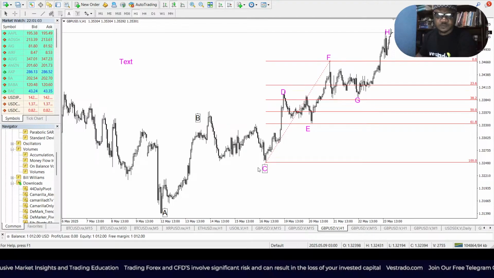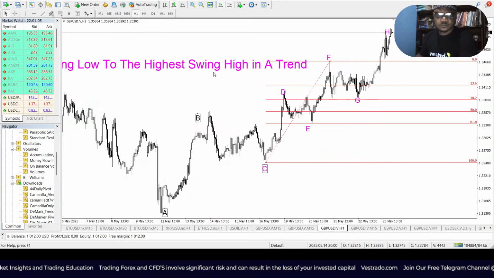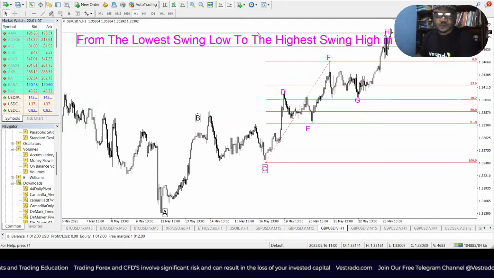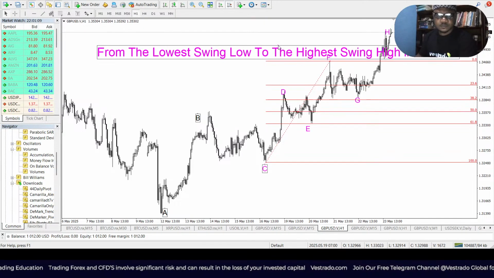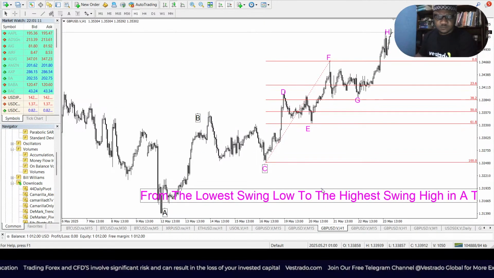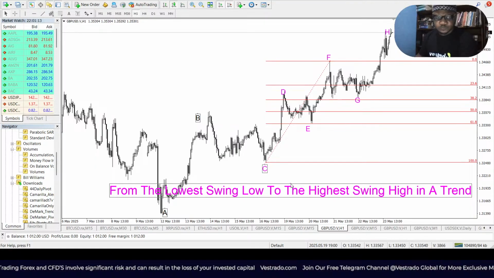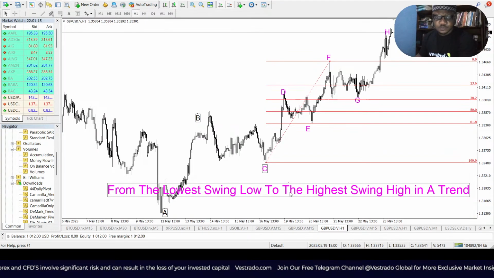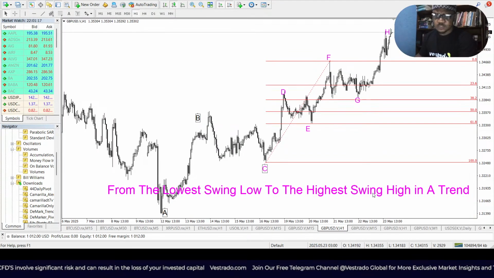Let's put that there for you. You're drawing from the lowest swing low to the highest swing high in a trend. Never forget that. So C to F.